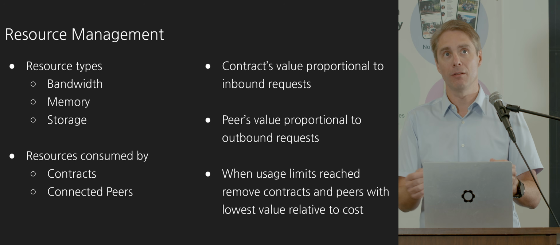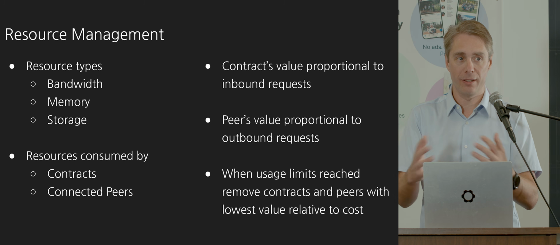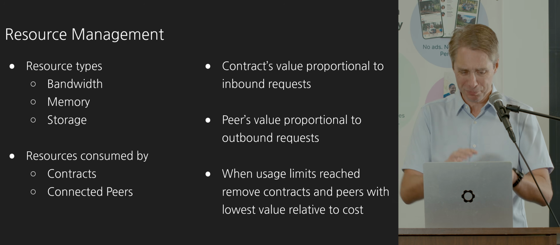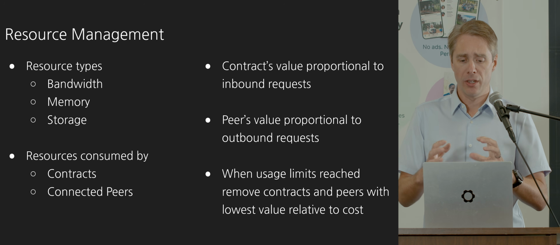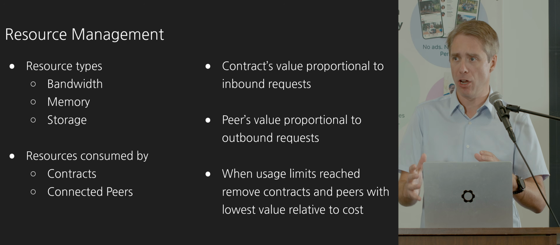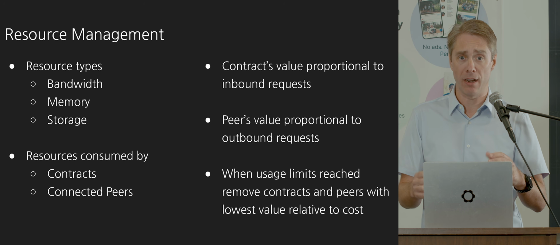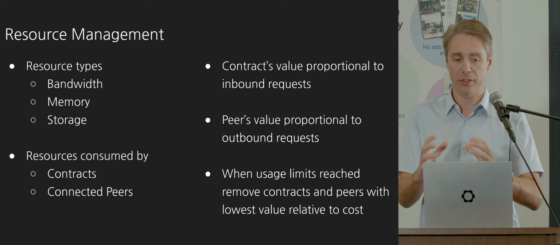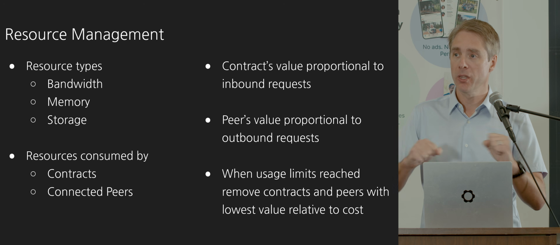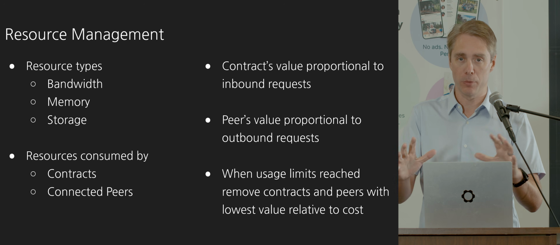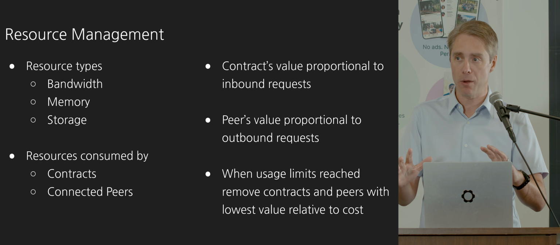Now you might say, well, what happens when data falls out of the network? But because peers will effectively cache contracts based on how useful they are, if a contract suddenly becomes extremely popular, then it will automatically get much more widely cached within the network.